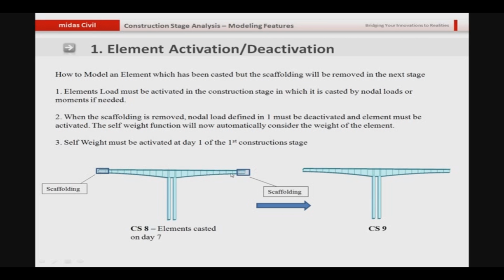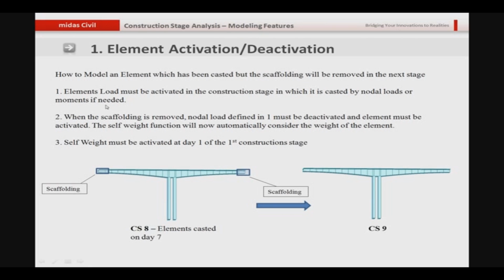The example that I have taken here is, this is a balanced cantilever bridge again, and these two elements are casted in situ and we still have the scaffolding on CS8. So elements are casted on day 7 of CS8, and in CS9 the scaffolding or the formwork will be removed and the elements will start taking their own self-weight.